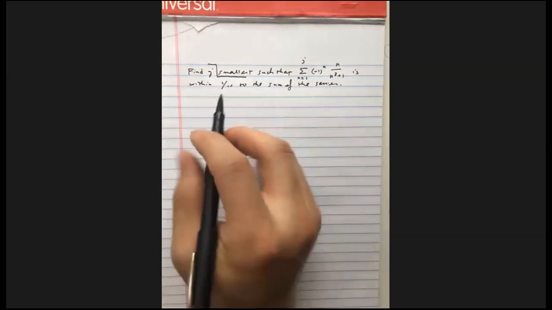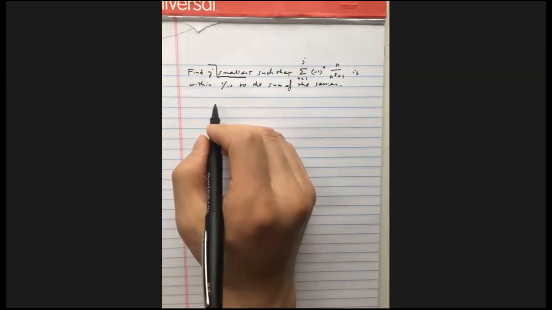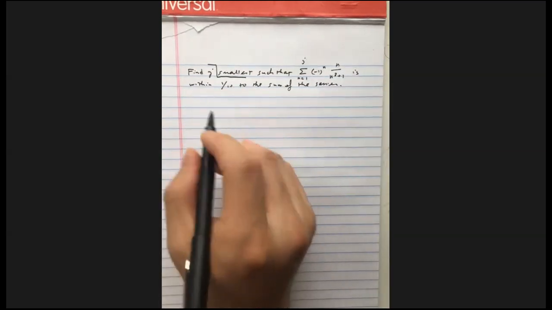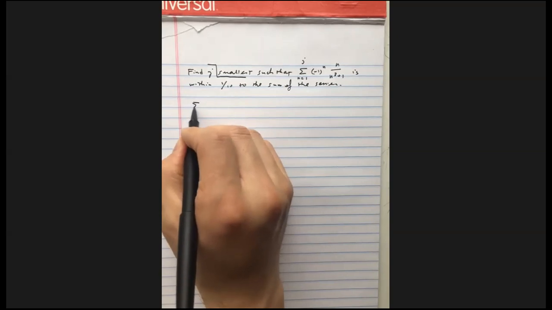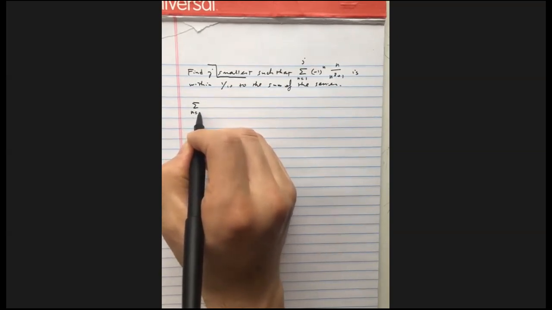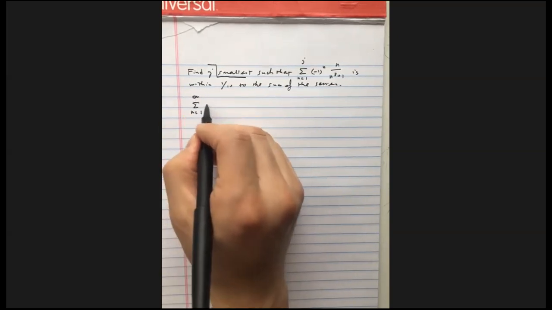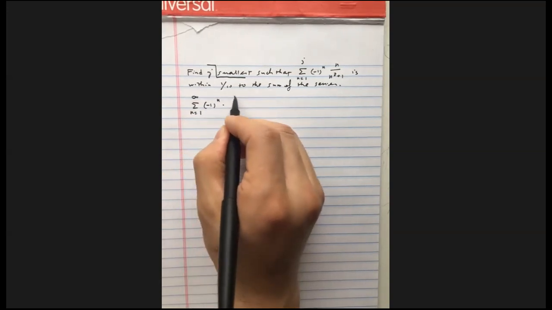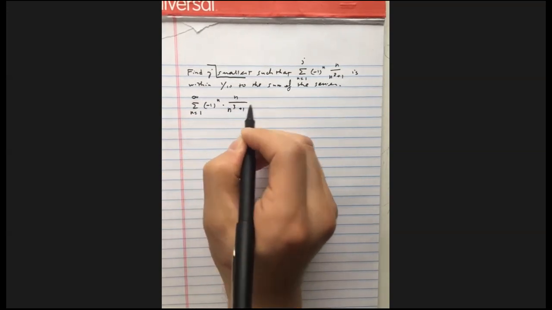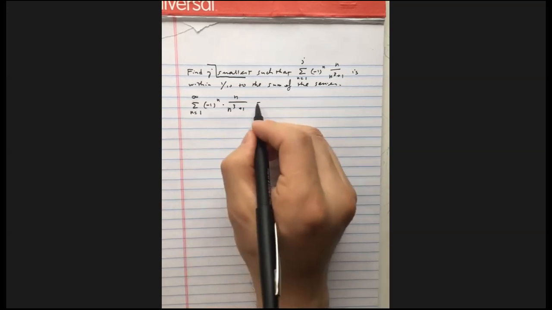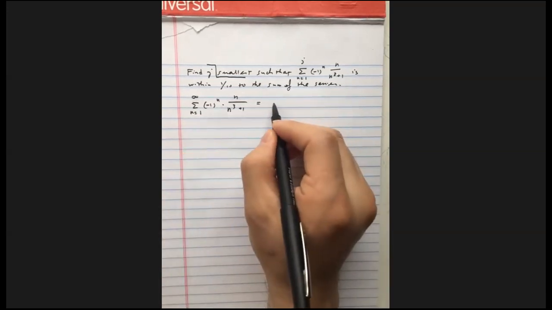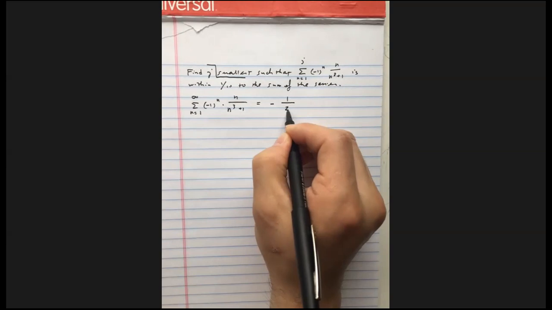So to do that, remember last time what I mentioned is that we write out the first few terms for the alternating series. So this series, the sum from n equals 1 to infinity of minus 1 to the nth power times n over n cubed plus 1, is like the following. For n equals 1, it's going to be minus 1 over 2.